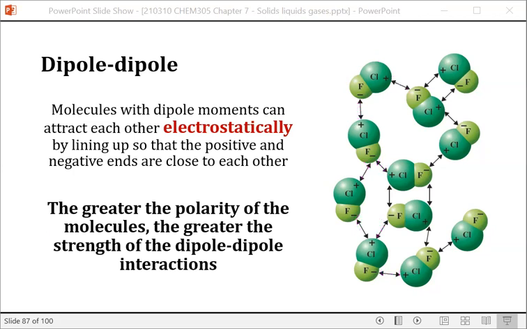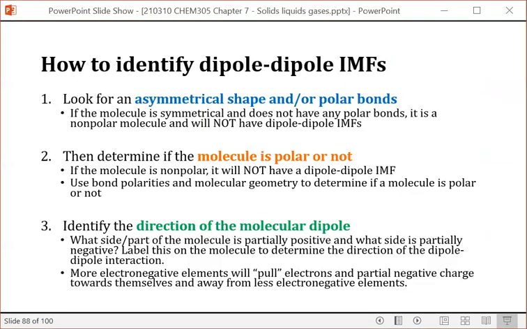And you can figure out the polarity of the molecule by checking the delta EN between the bonds and looking at the overall molecular structure to see if those bond dipoles cancel out or if they reinforce each other to give you an overall polar molecule and just how polar it is. So things to check for when you want to identify if a molecule can have a dipole-dipole interaction.